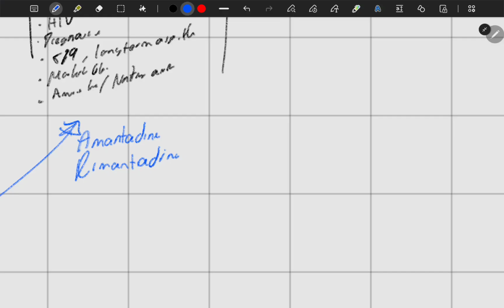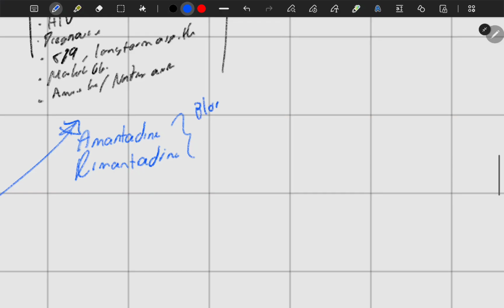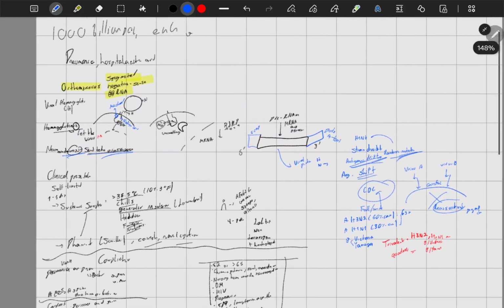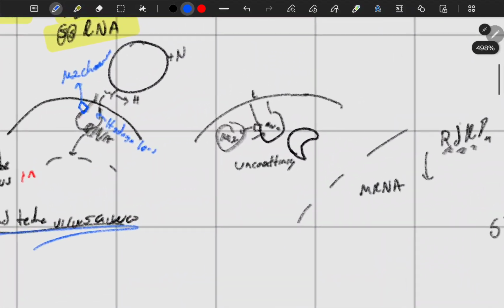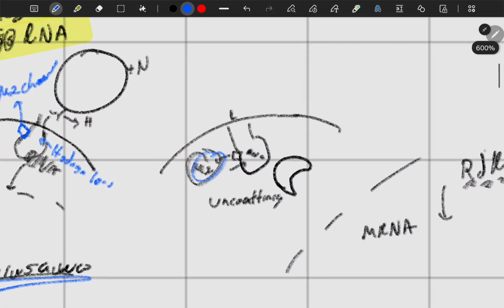Amantadine and rimantadine inhibit viral replication. It's important to recognize that they block the M2 channel. Remember that we study the M2 channel in the endosome, for acidification. What is the function of this M2 channel?